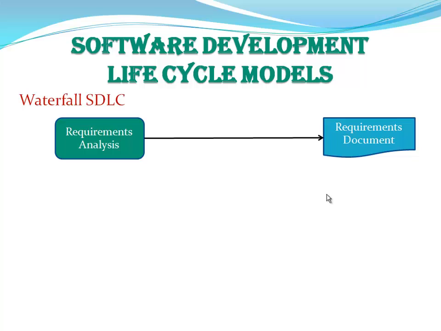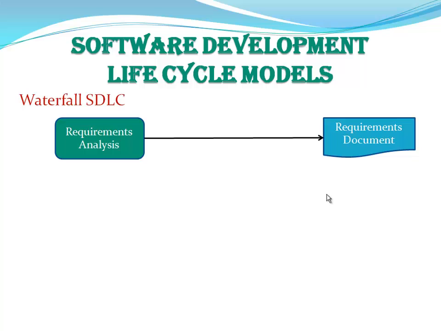For example, in the case of an e-commerce enabled website, the major requirements can be around searching for products on that website, the shopping cart functionality, and then some administrative functionality. All the requirements are analyzed and documented, and we also make sure that the requirements are unambiguous.